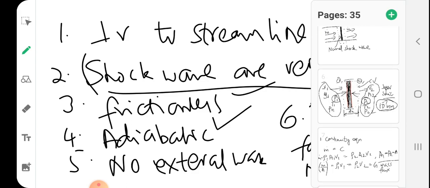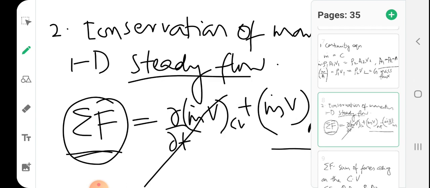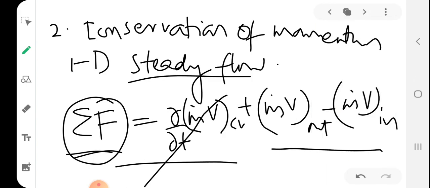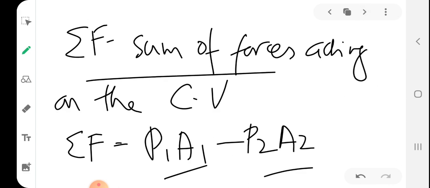So in this equation, while taking the sum of forces, you don't have to add the body force and shear force. Only pressure force is acting in that control volume, because in the general characteristics of a normal shock, body force can be neglected and the flow can be considered frictionless, so there won't be any shear force.